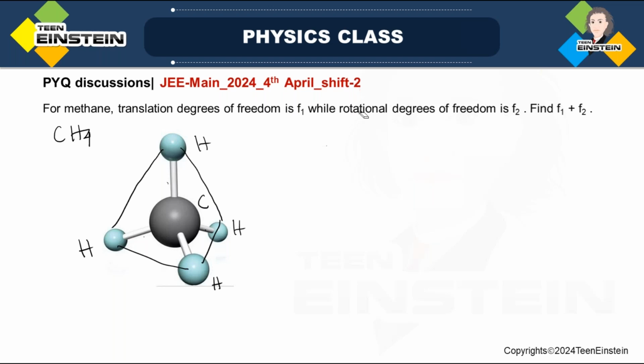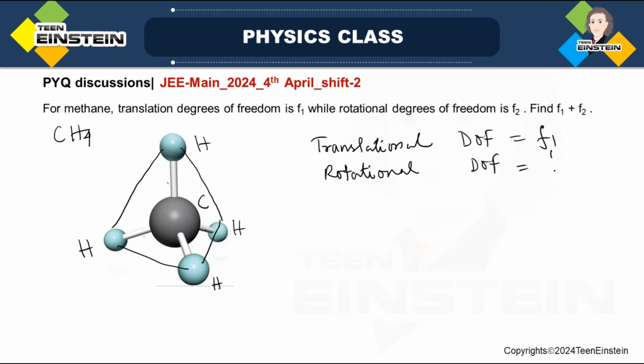What informations are given? Informations are given that there are translation DOF, that is given as F1, and rotational DOF is given as F2.